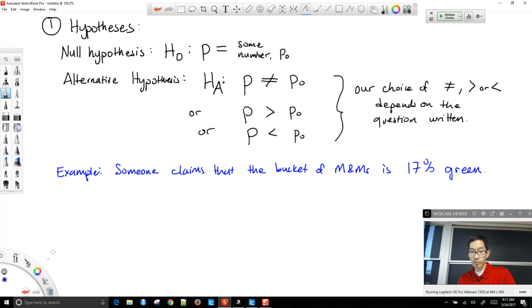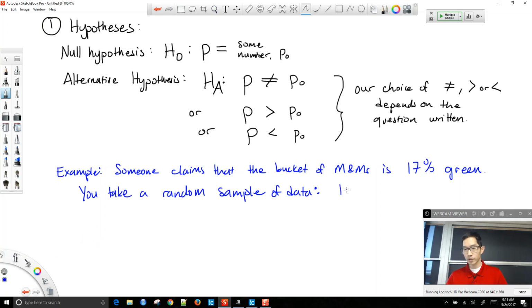You take a random sample of data, and let's say the sample is 120 pieces, and, I don't know, 25 pieces are green.